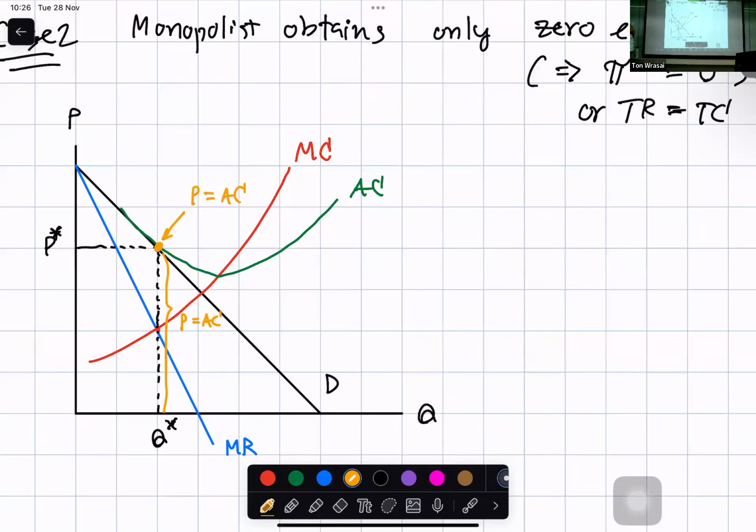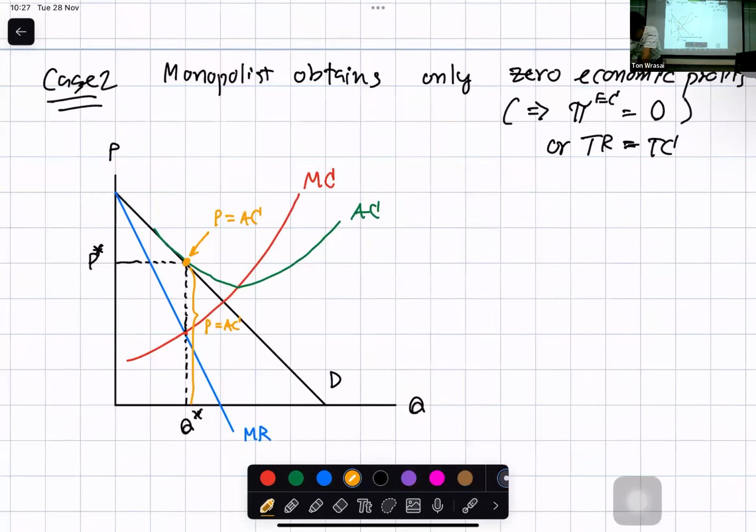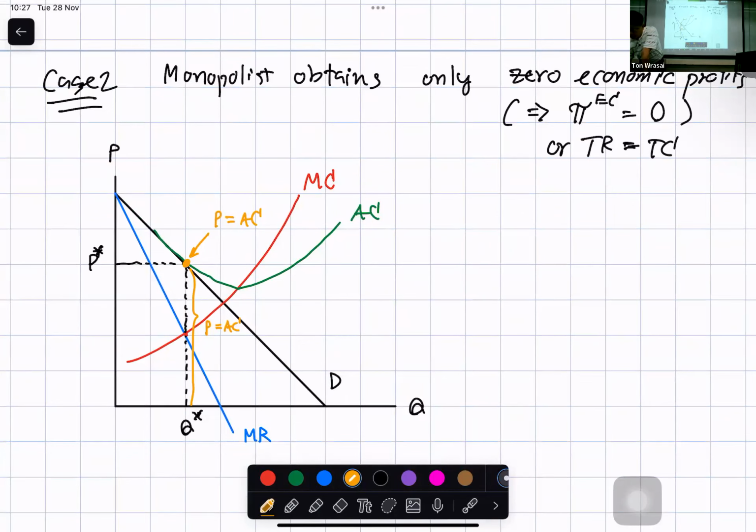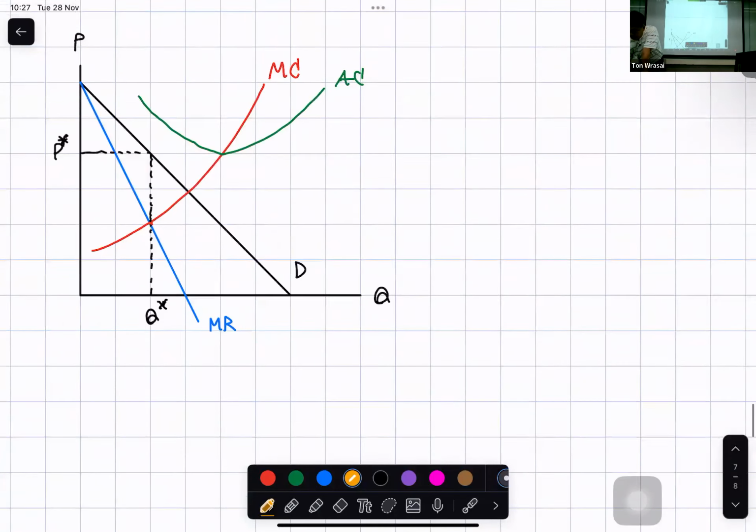Okay. Just touch here. Yeah, not so complicated.